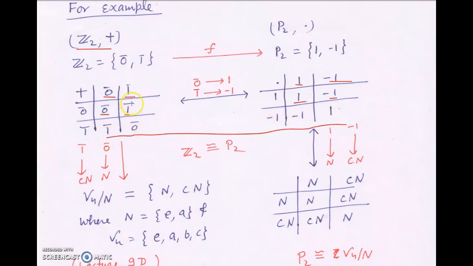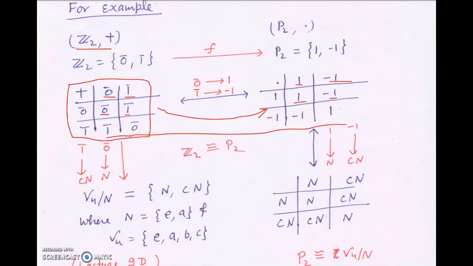If you do it, then in this whole multiplication table, when you put 1 in place of 0 and minus 1 in place of 1, you will get this multiplication table.